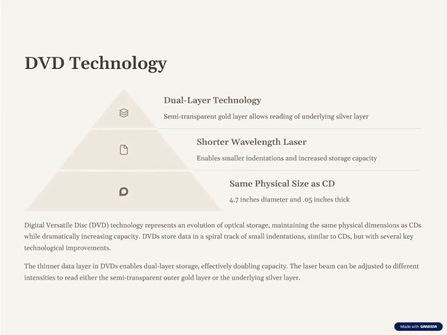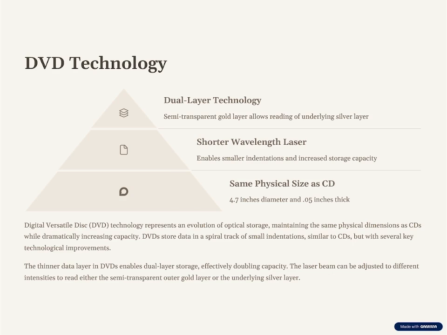Now, the DVD technology, digital versatile discs. If you look at that triangle very well, this is how the DVD has been evolving. We have the dual layer technology, which is a semi-transparent gold layer that allows reading of the underlying silver layer.